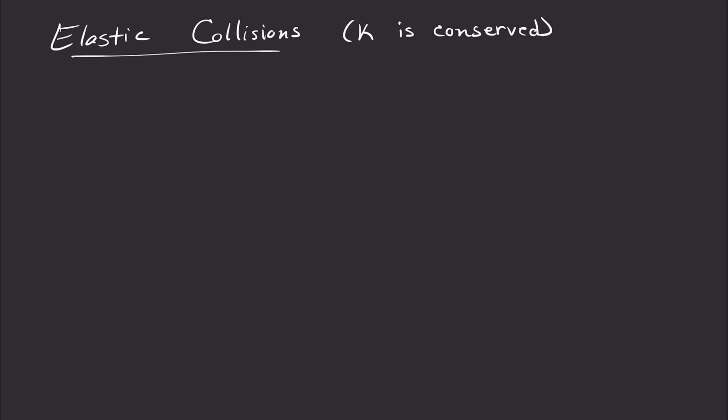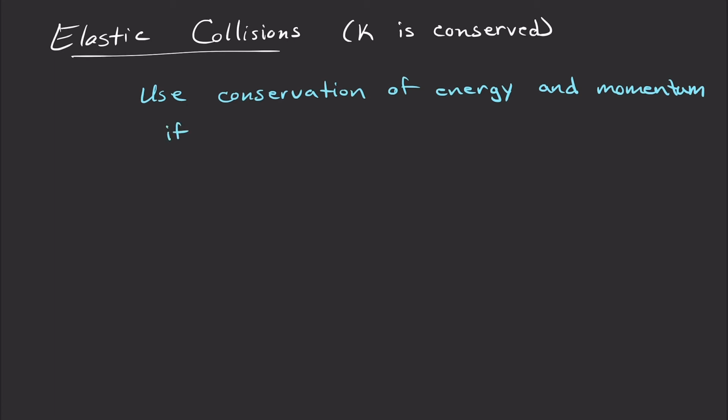So this means that we can use our conservation of energy equations, when we talked about work and energy, we can use these equations for the two objects in our system, or multiple objects in our system, and the conservation of momentum equations. Okay, and then we're going to look at the special case when our second object starts from rest.